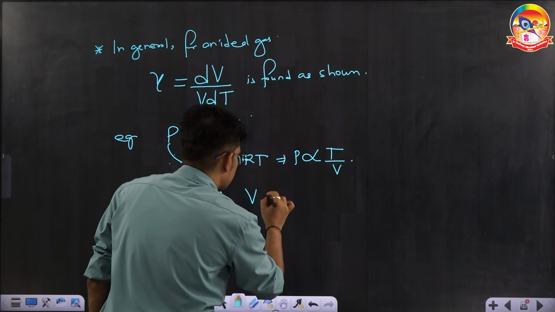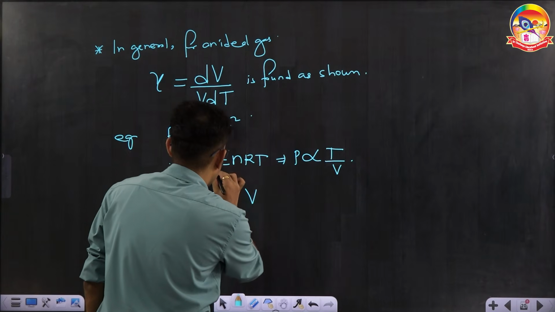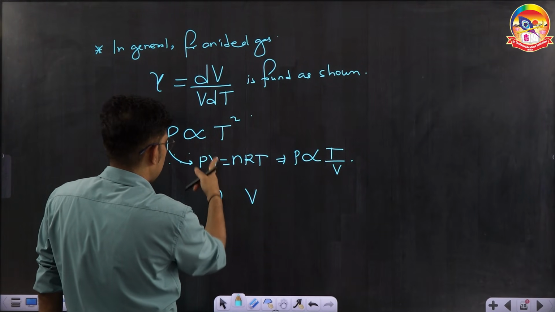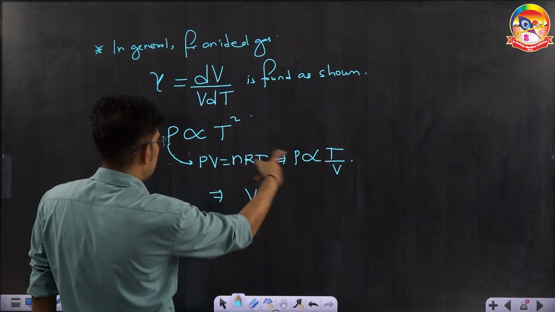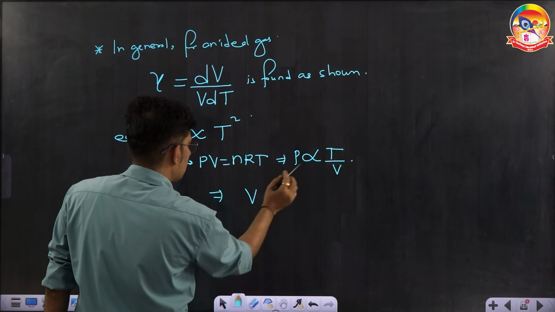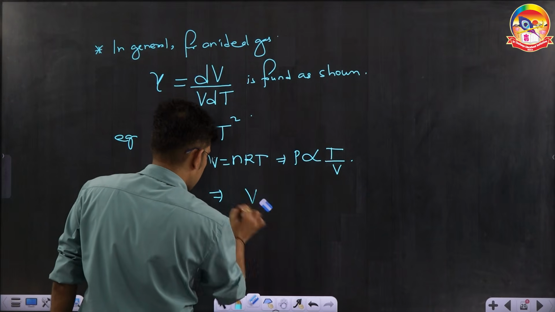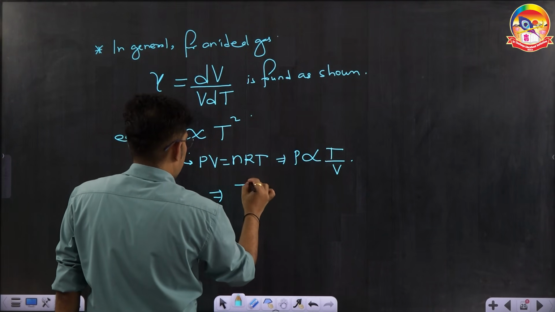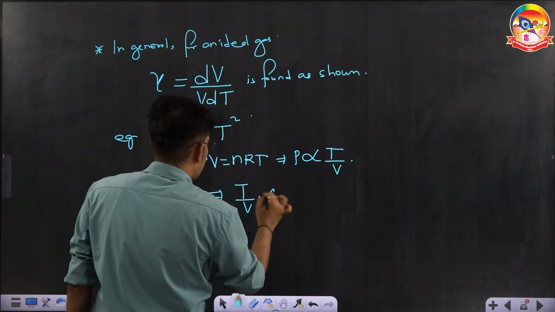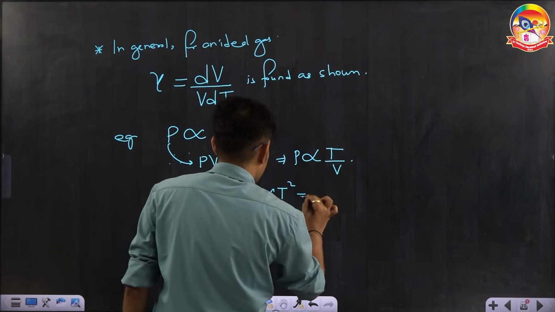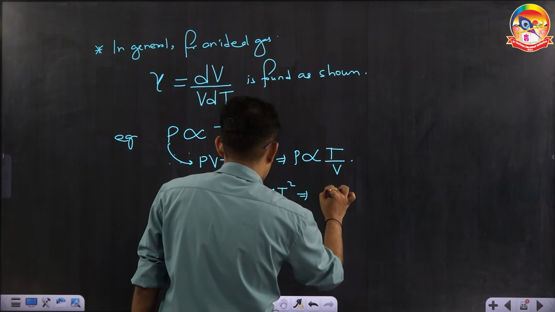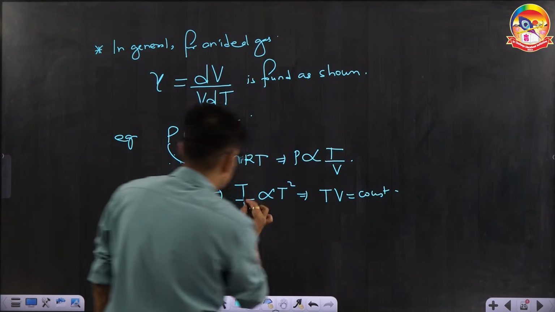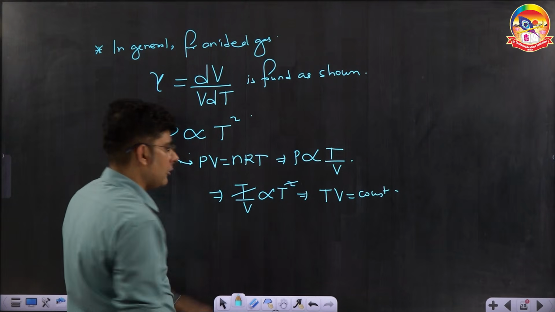One term cancels. So we have got T by V proportional to T square, which I said is TV is constant. One T cancels, so TV is constant.